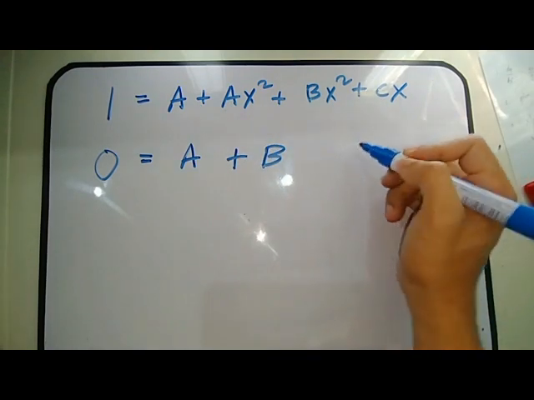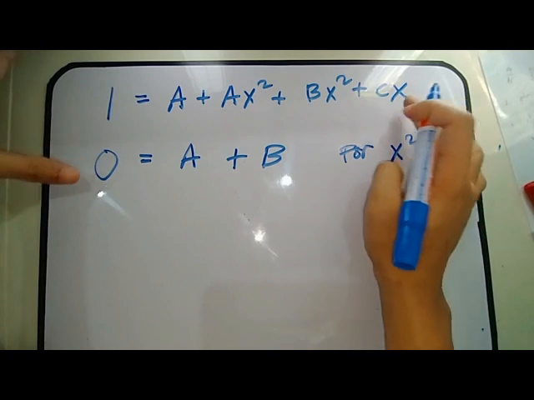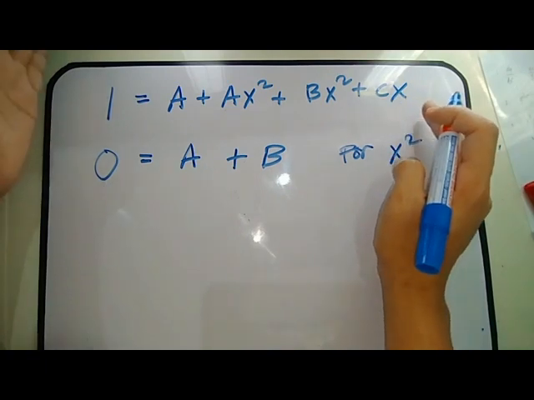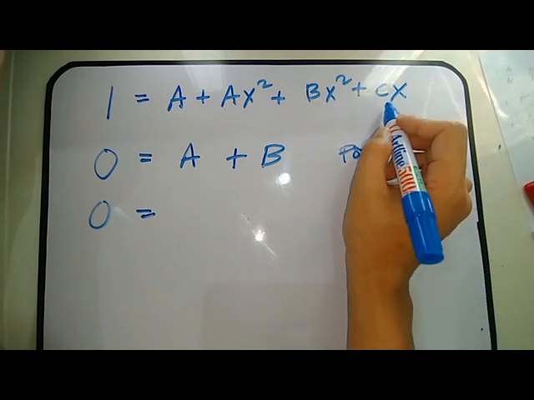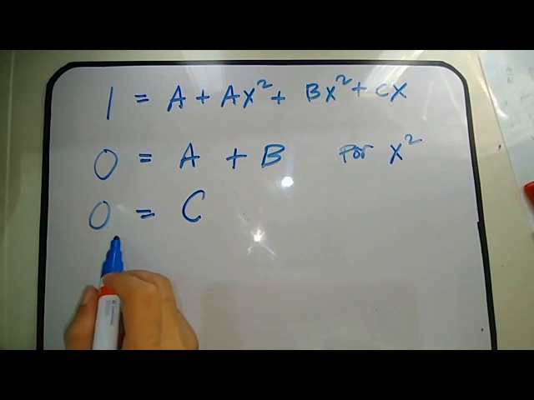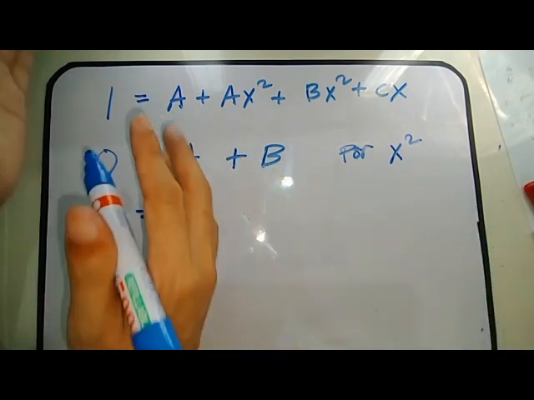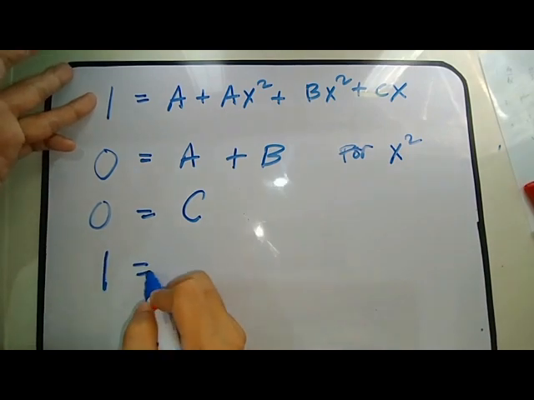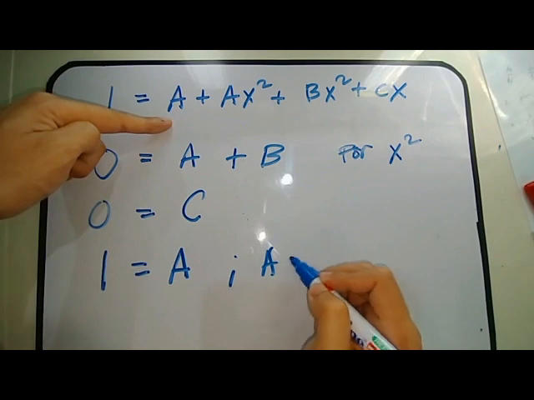For the first degree, sa kabila walang first degree, so 0 din. Coefficient lang, here C lang, so C must be equal to 0. Then yung constant naman, yung constant here is 1, then dito ang constant is A. So therefore, A equals 1.